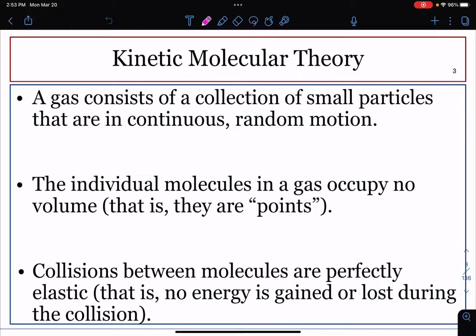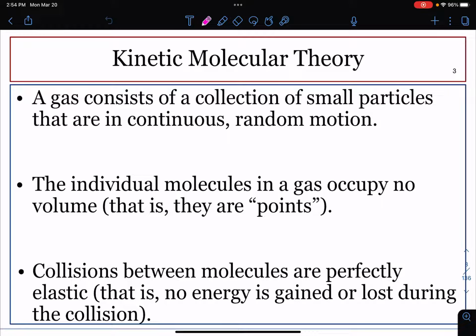So, according to kinetic molecular theory, a gas consists of a collection of small particles that are in continuous random motion. And these small particles, these individual molecules, we say do not occupy a volume. Or you can say that the volume is so small it is negligible. So when we talk about a volume of a gas, we are discussing the volume of the whole collection.